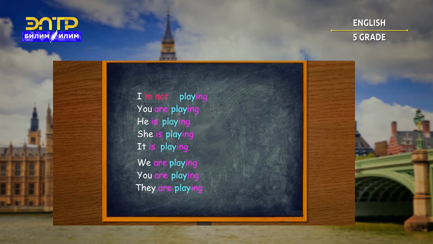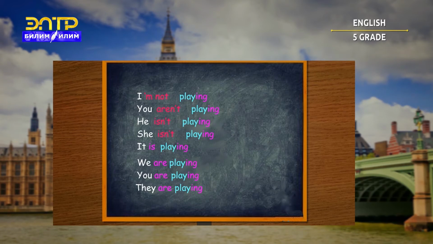Here we have a positive sentence. You are playing, but we have to make it negative. You are not playing, or you aren't playing. He is not playing. He isn't playing. She is not playing. She isn't playing. It is playing.